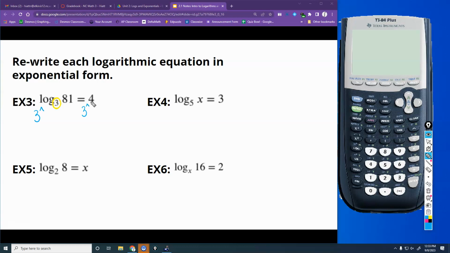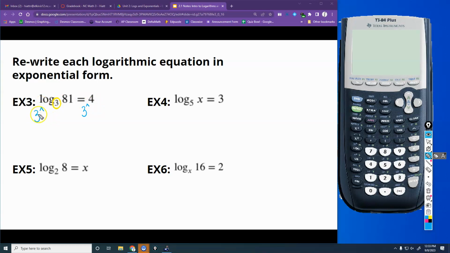Careful on how you say it. You are not raising the sides to the third power. That would be like if you cubed something. That's not what we're doing. We're making these powers of 3. We're doing 3 to the power on each side.